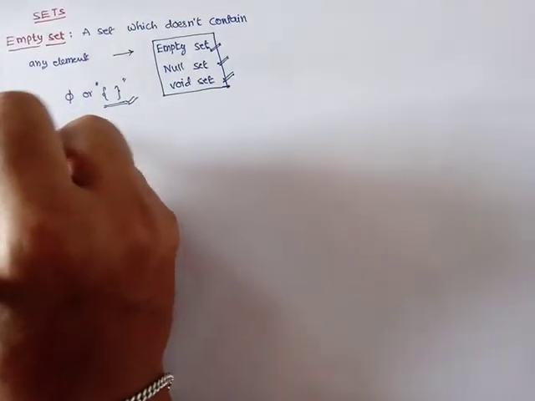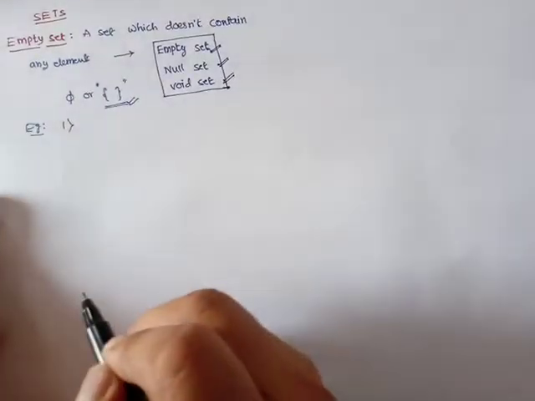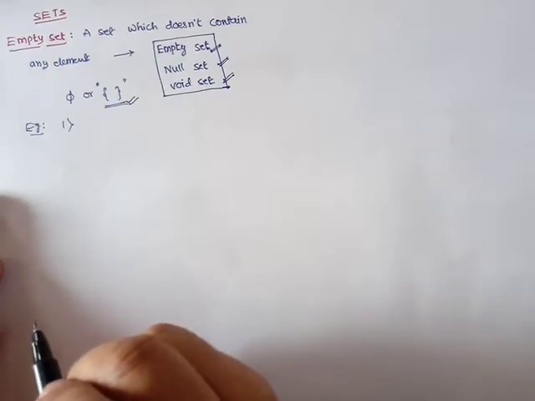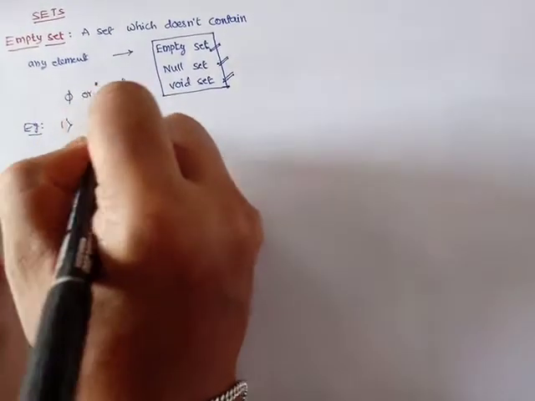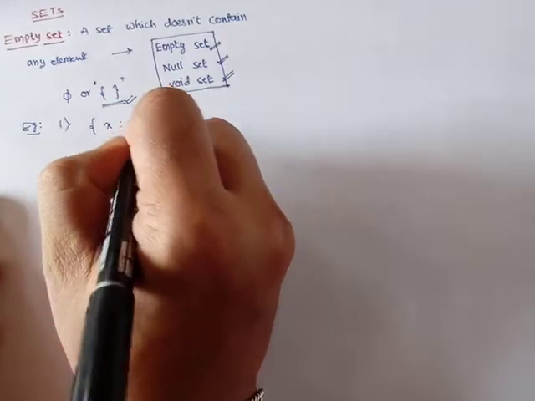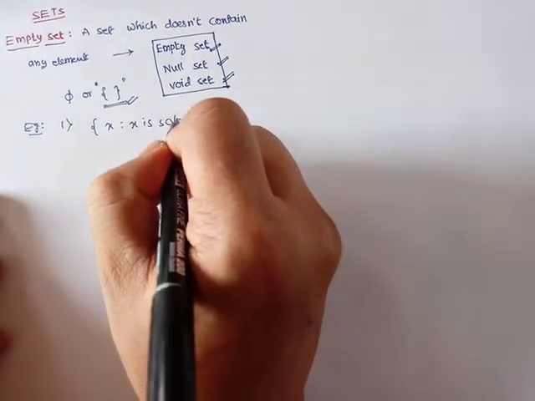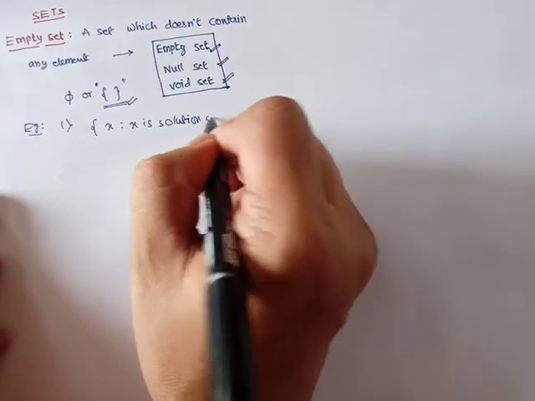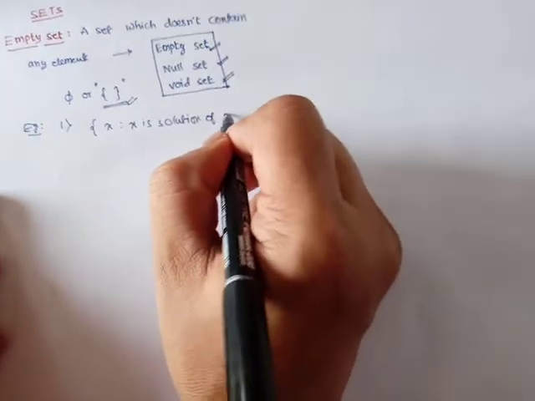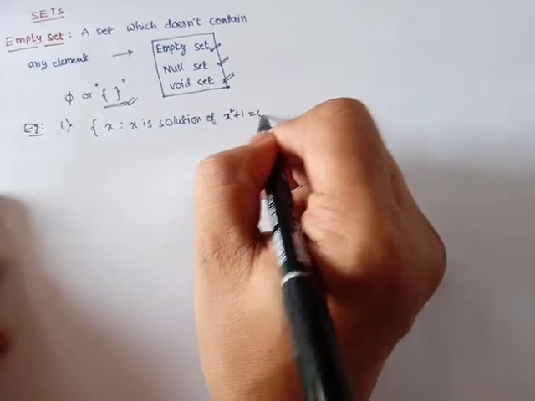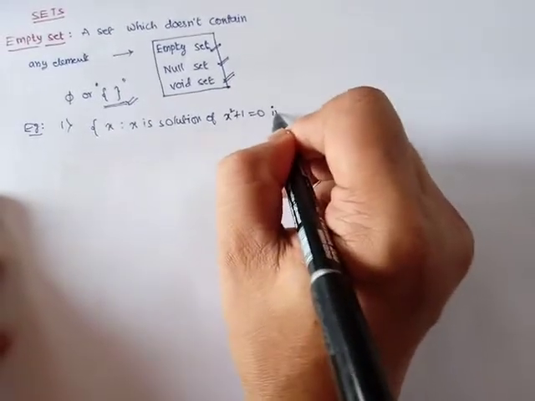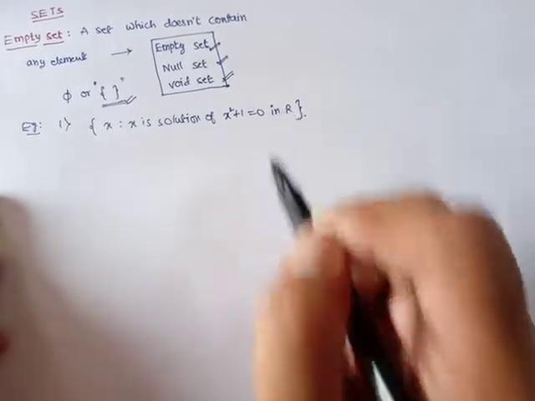So considering the examples, the set of x such that x is a solution of x square plus 1 is equal to 0 in the real number system.